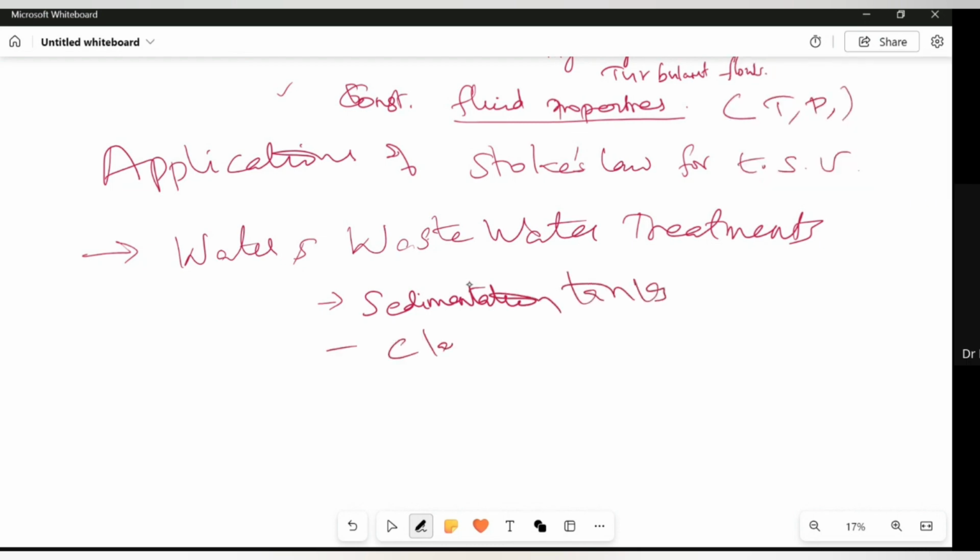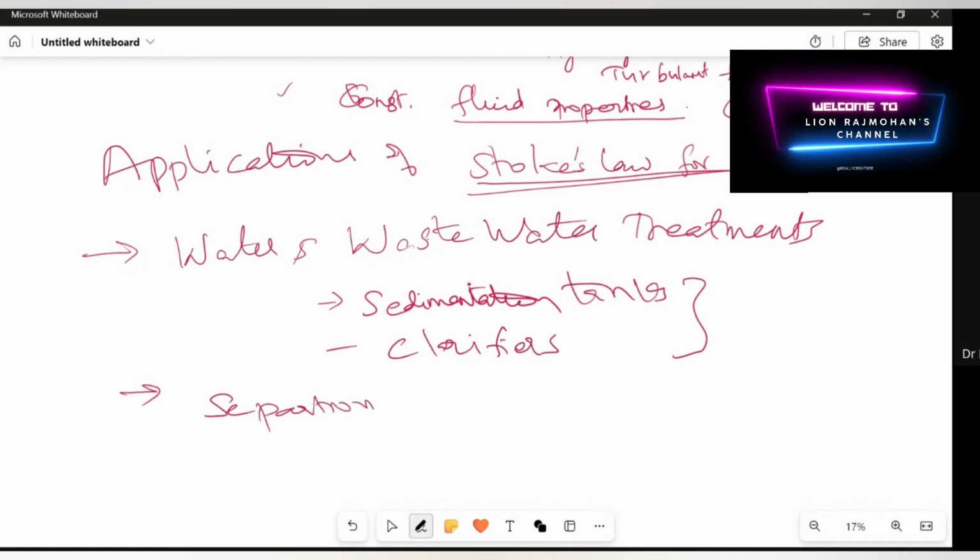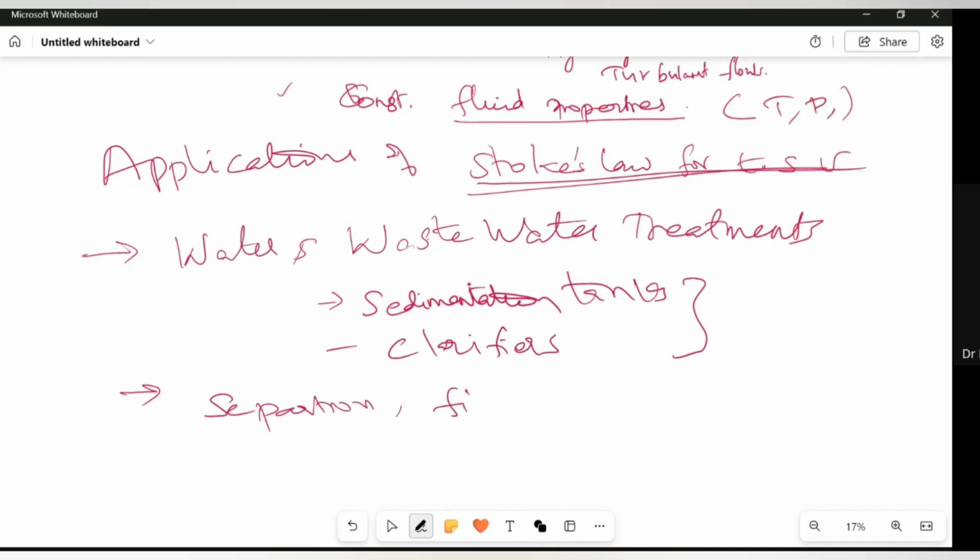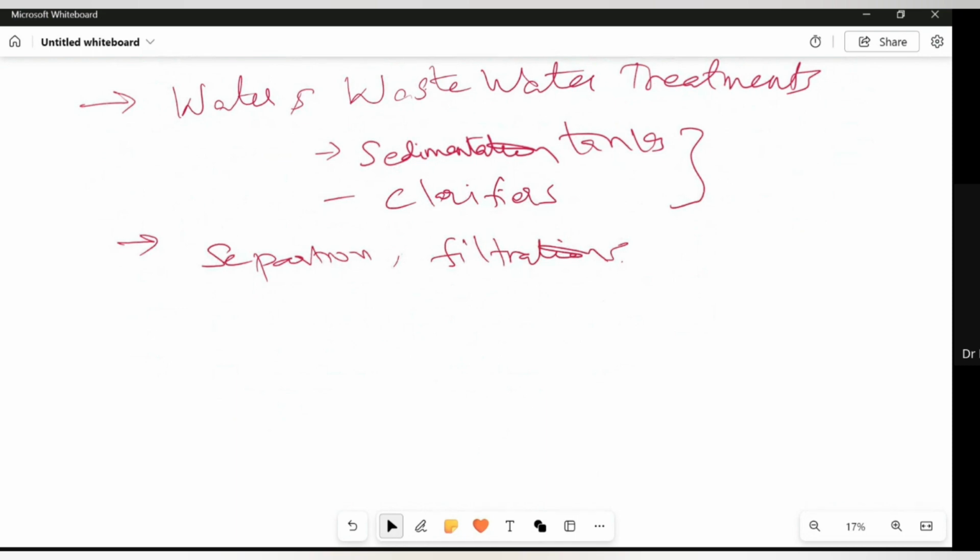We have clarifiers. All these designs, optimizations and efficiency improvements need an understanding of the Stokes law for terminal settling velocities. Also, they are used in chemical industries, in unit operations like separations and filtrations. How much time a particle will take to settle down is important in designing those equipments.